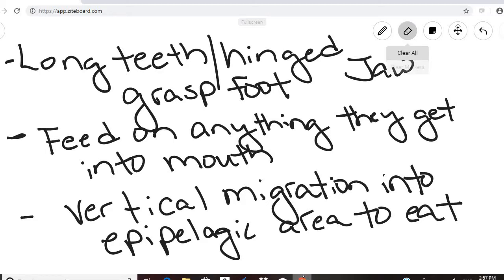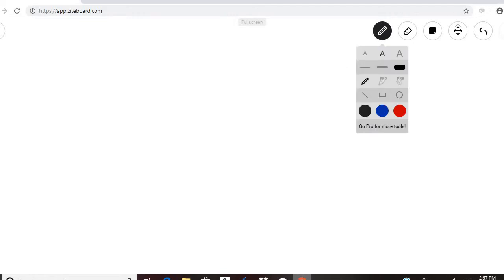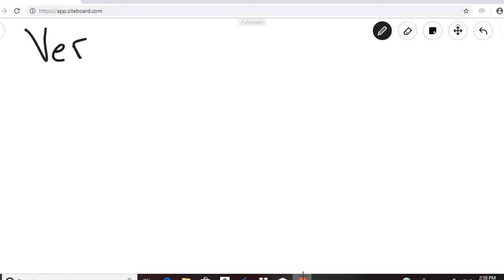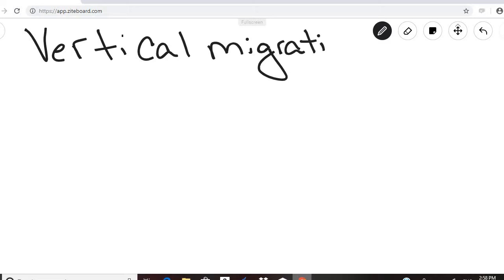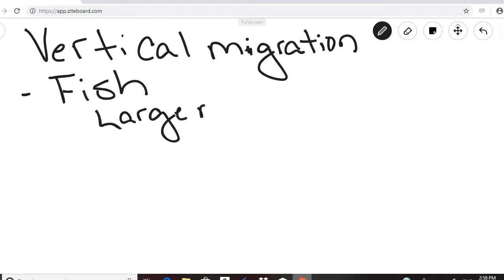If we look a little bit more at the vertical migration that can take place, going from the mesopelagic area up into the epipelagic area, the fish that do that usually have large muscles and strong bones.